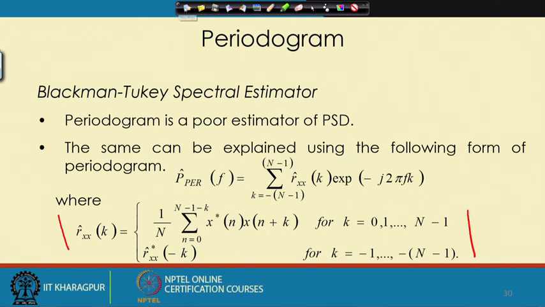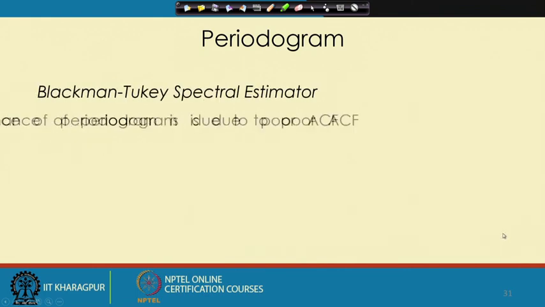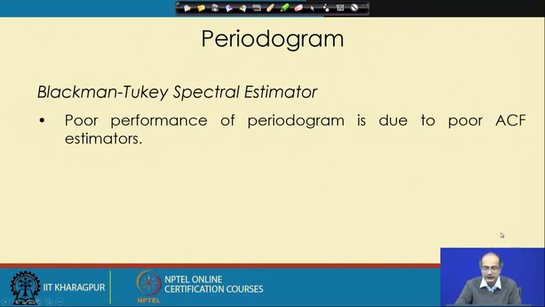So, now let us proceed for the analysis. Blackman and Tukey suggested that the poor performance of the periodogram is due to a poor ACF estimator. It is true that we have not taken the ideal estimator; we have taken an estimated ACF for doing the job.